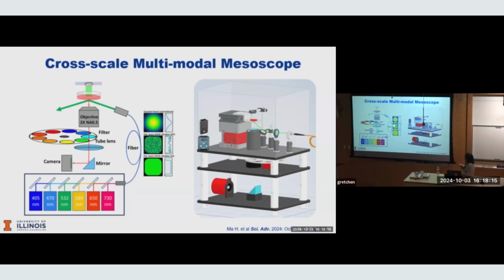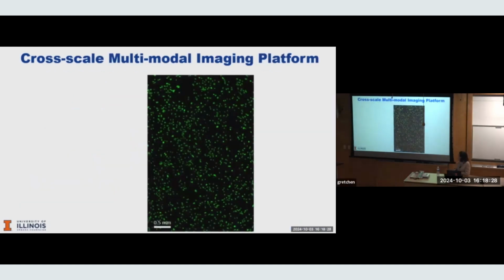In this case, we combine flat-field illumination with a bright field that's used for phase imaging, and then multi-channel fluorescence. So this is basically a single field of view. We get roughly 2 by 3 millimeters.